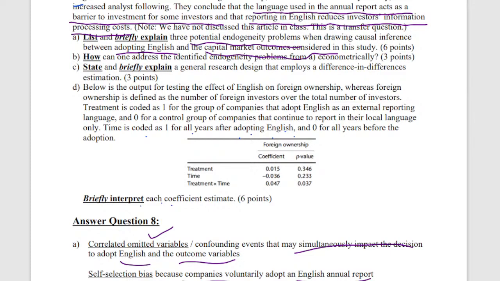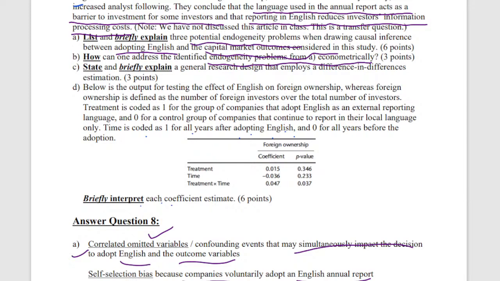Okay, and then the next question is how can we address the identified endogeneity problems econometrically? For the first one, the omitted variable bias, we can take a control group, so we can control for the confounding events and then find out the impact.